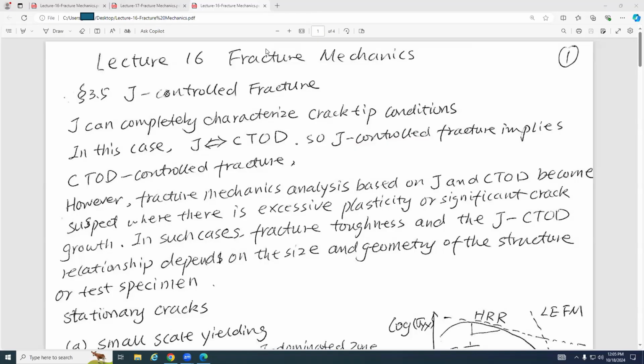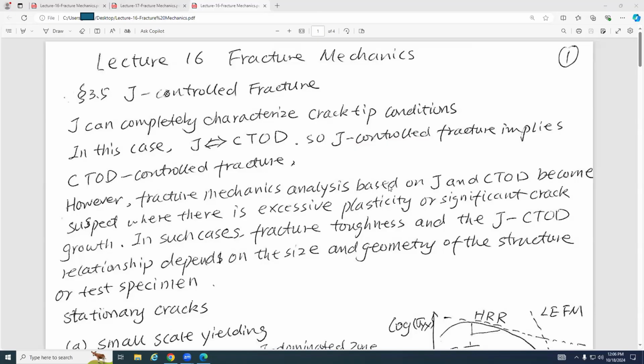fracture mechanics analysis based on the J and the CTOD becomes suspect when there is excessive plasticity or significant crack growth. In such cases, fracture toughness and the J-CTOD relationship depend on the size and geometry of the structure or specimen. So you need to know that, okay? These are J controlled and CTOD controlled, and they are only applicable for relatively small elastoplastic deformation.